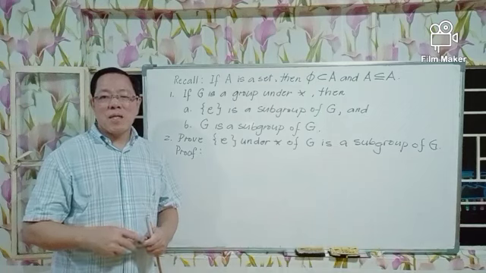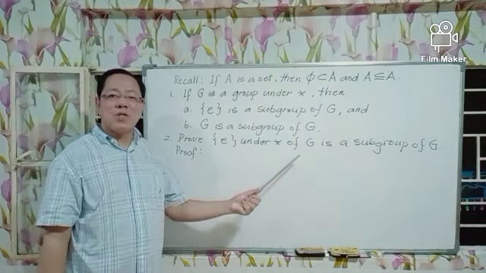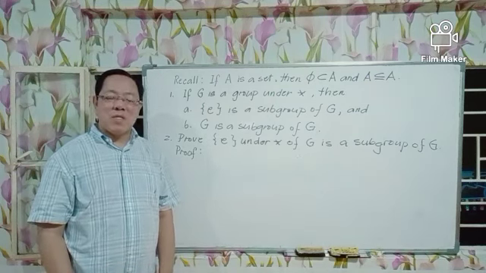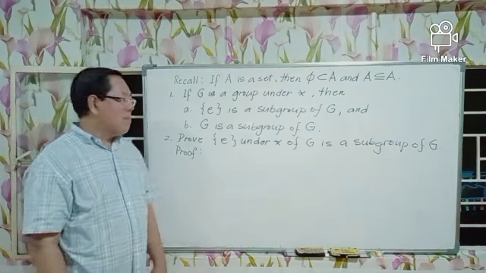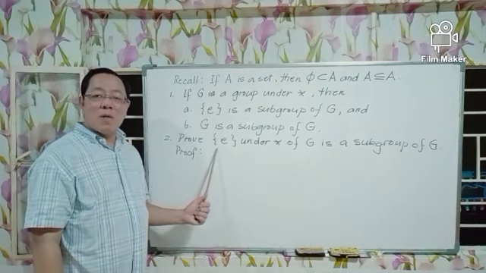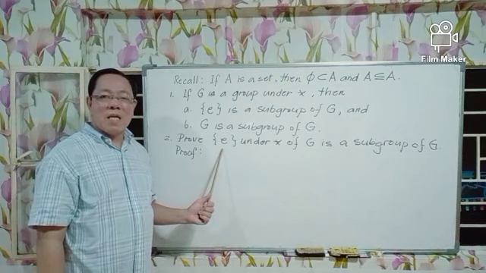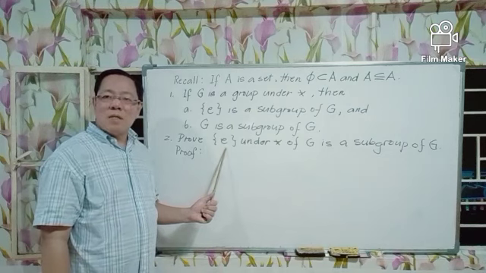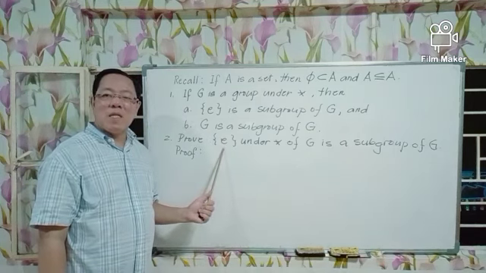We would like to prove that the set consisting of the identity element E under the binary operation star of G is a subgroup of G. And the first property is the closure property. We take any two arbitrary elements of the subset of G. In our example, the set containing the identity element E is a subset of G because the only element of this set, E, is an element of G. And we want to prove the closure property for this subset.